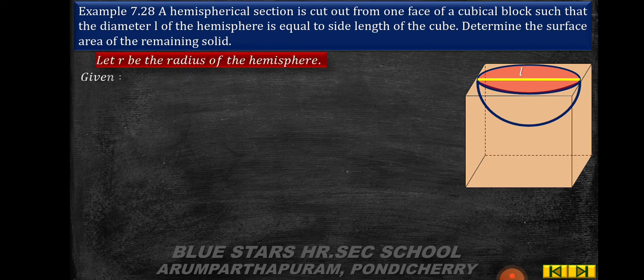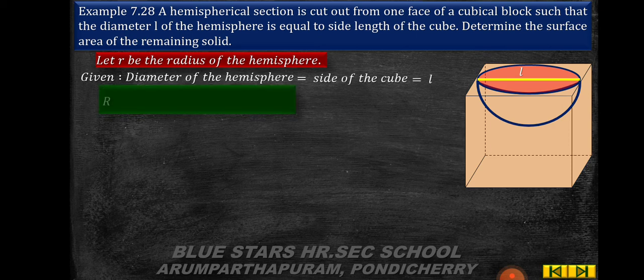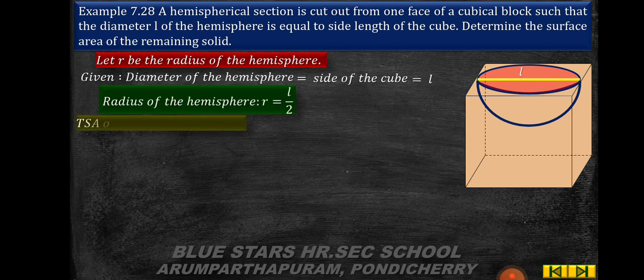Let R be the radius of the hemisphere. Given diameter of the hemisphere is equal to side of the cube is equal to L. Radius of the hemisphere R is equal to L by 2.